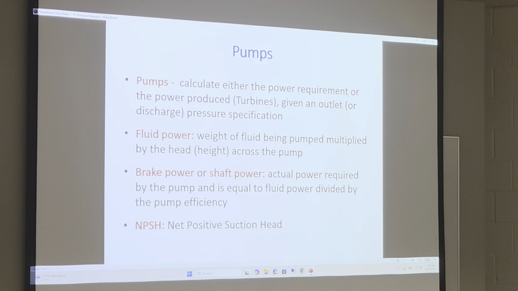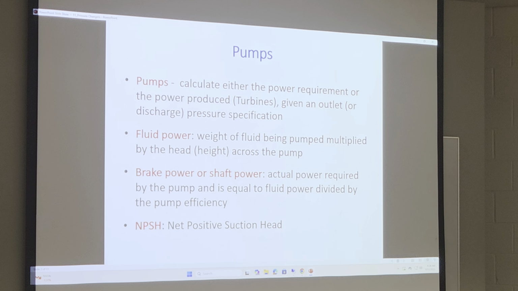Isn't it the height that a pump would push water up? That's called head. Head is how much the pump can pump water up. Net positive suction head is a different thing. I am looking for one word. Capacity? Oh. Net positive suction head is the amount of head required to avoid cavitation.